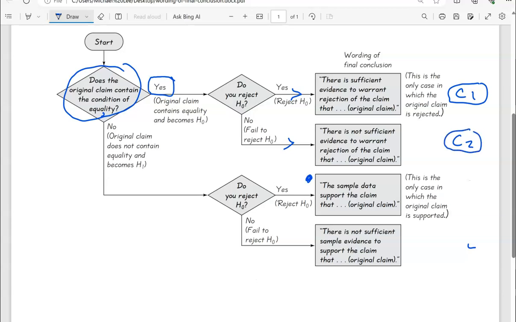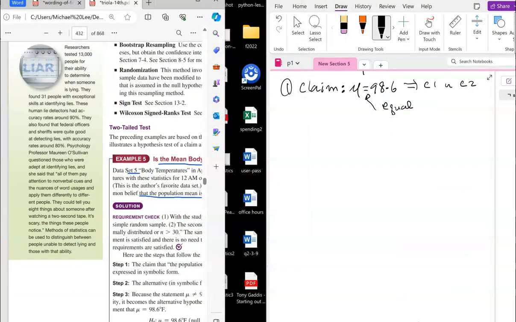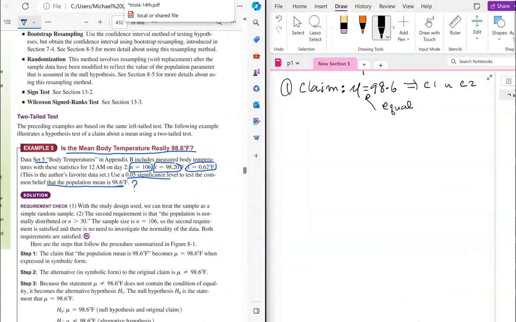So that's the claim, and it is case 1 or 2. I just explained why. It matters because cases 1 and 2 are different from cases 3 and 4. Now the null hypothesis is mu equals 98.6. This is called the null hypothesis.